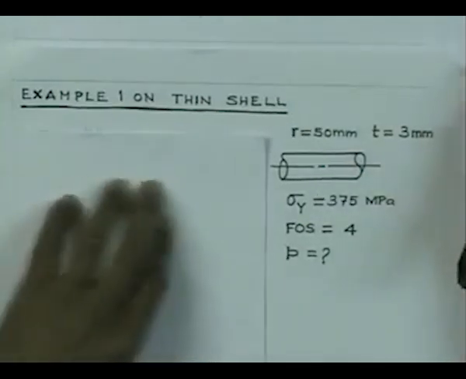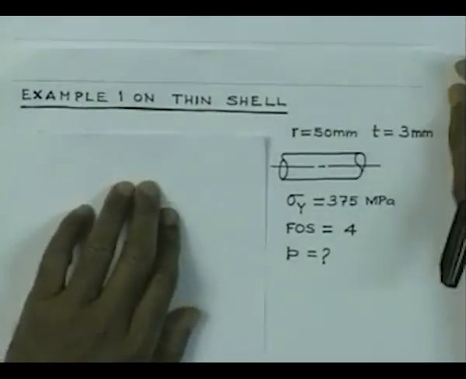So, here obviously we can use the maximum normal stress theory or maximum shear stress theory. In either case, we will have the maximum principal stress equal to the yield point divided by the factor of safety.